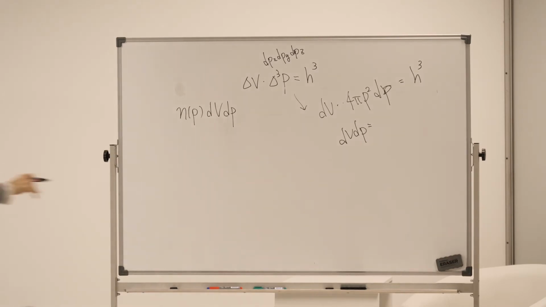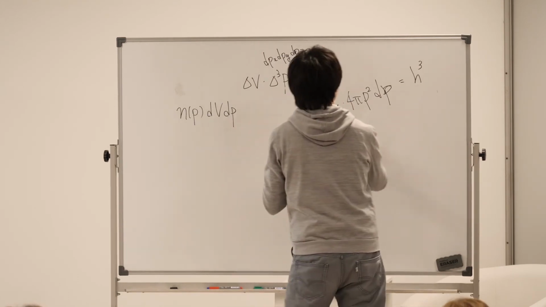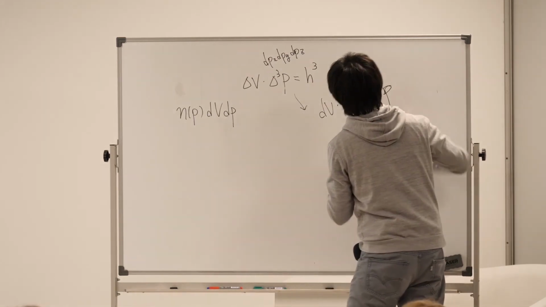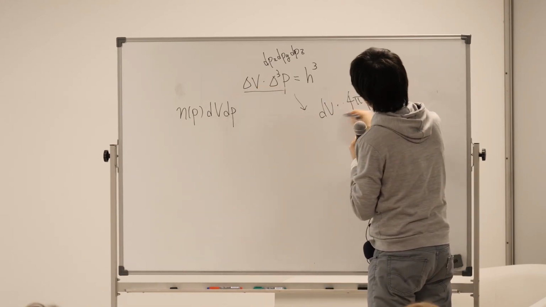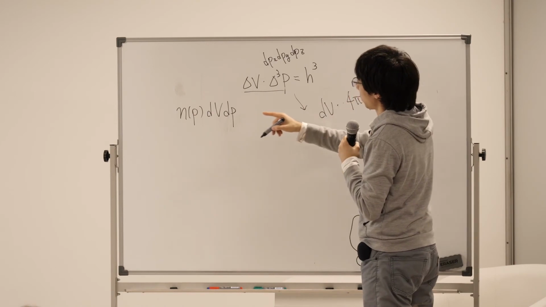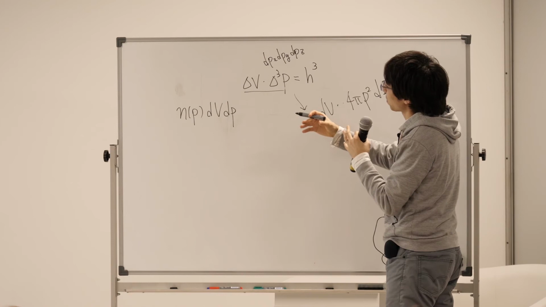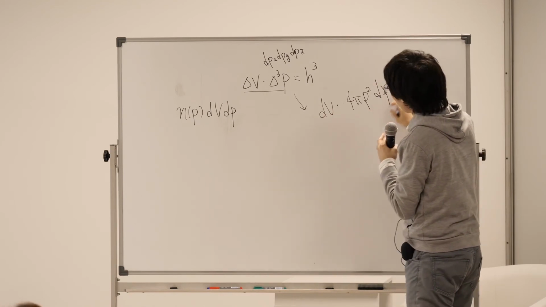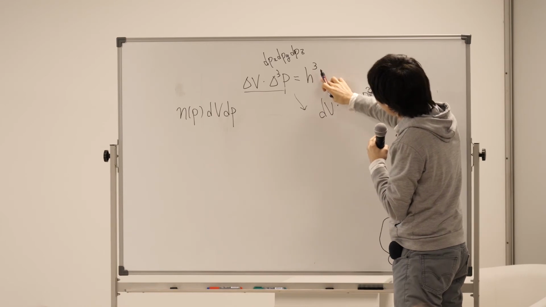So yeah, this is basically this volume, and in this volume, the maximum number of states or electrons which can be in this volume is h to the 3.